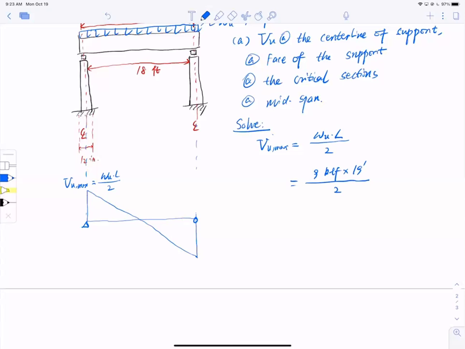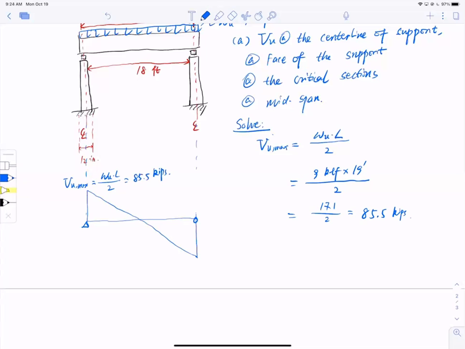That is my length, so just calculate it out. This is 171, divided by 2, so I have 85.5 kips.